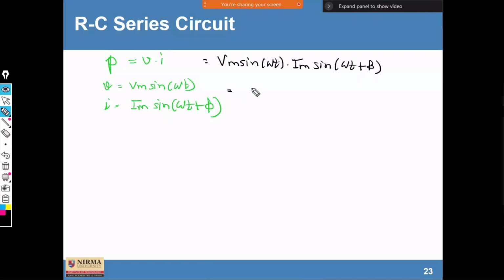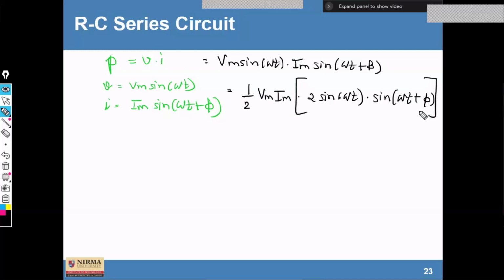And here again we can repeat the same procedure: multiplying and dividing by 2, 2 times sine omega t into sine omega t plus phi. Yes or no? Again, we can apply the same sine into sine formula. Clear?